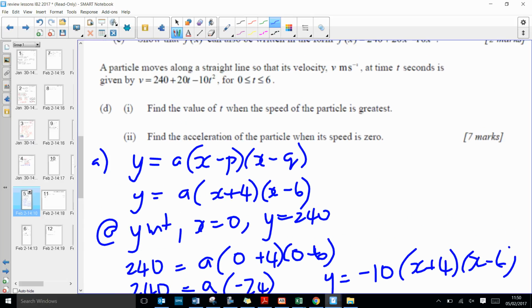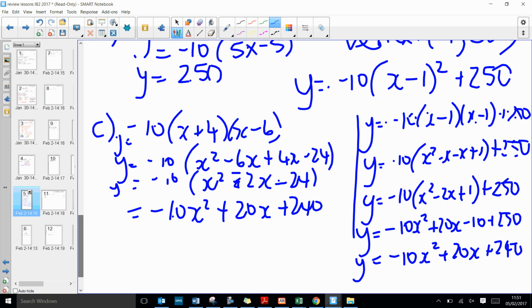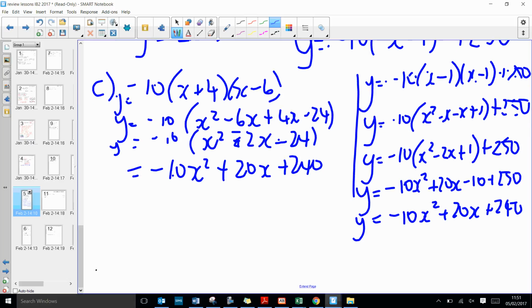A particle. So we're talking about velocity, and we're talking about when it's greatest. Hopefully you recognize that things are at their greatest or at their maximum when the derivative of the function is equal to 0. So we are differentiating. In other words, we're finding v dash.